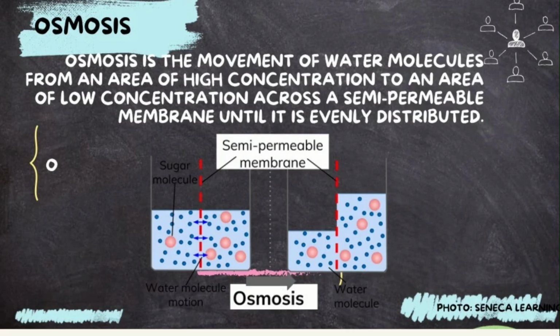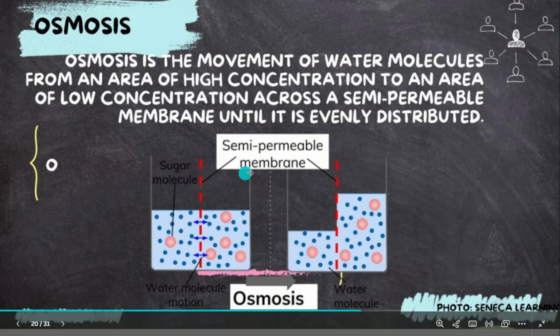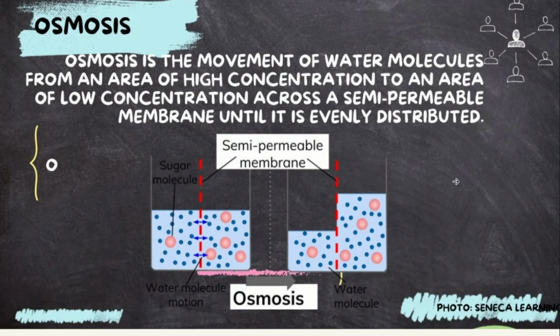This is the biggest difference between diffusion and osmosis: one, it's happening in water, and two, it is going across a semi-permeable membrane, as you can see right here. But it's the same concept, high concentration to low concentration, right?